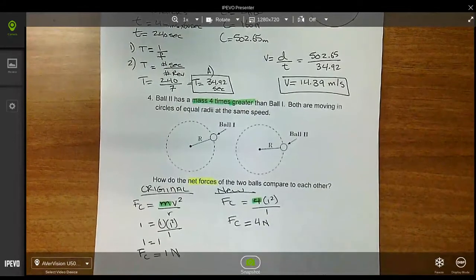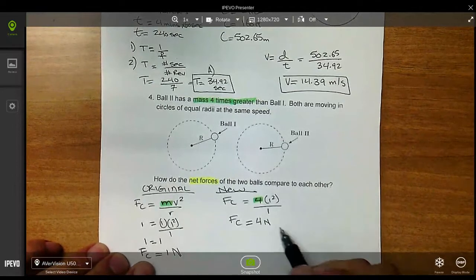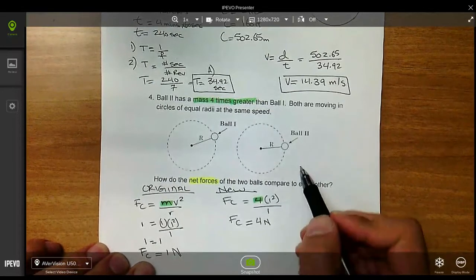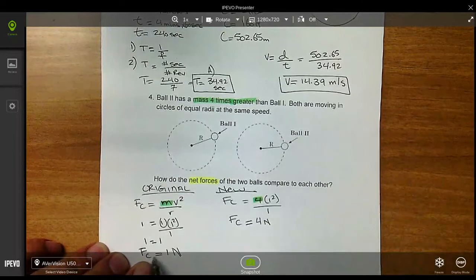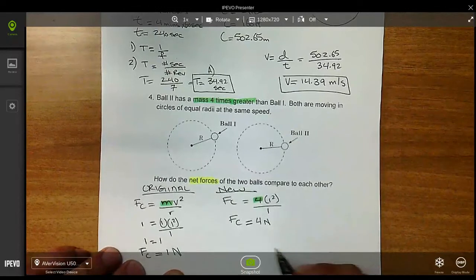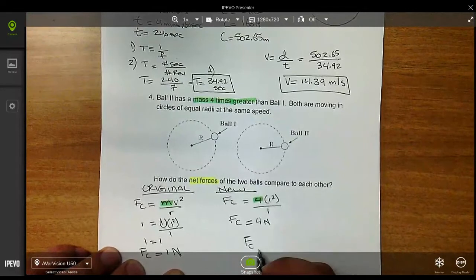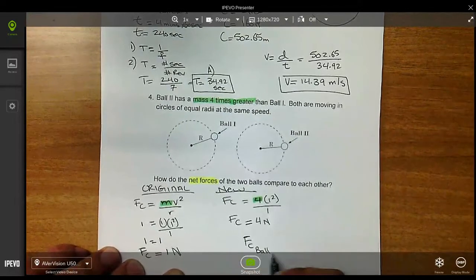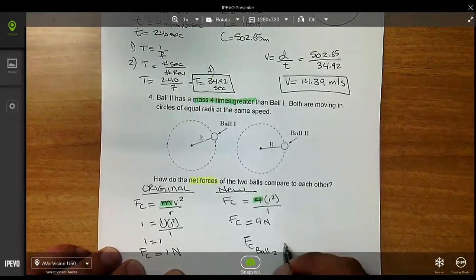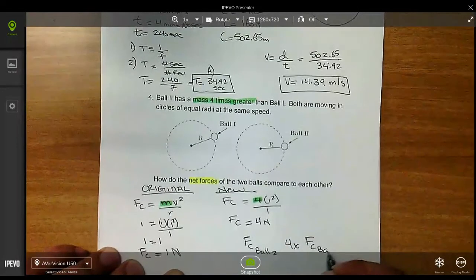Since we're looking at a relationship between the two, you can say that the centripetal force of the original, ball 1, is 1/4 of ball 2, or you can say that ball 2 is 4 times the original ball 1. So we could say that Fc for ball 2 is 4 times greater than Fc for ball 1.